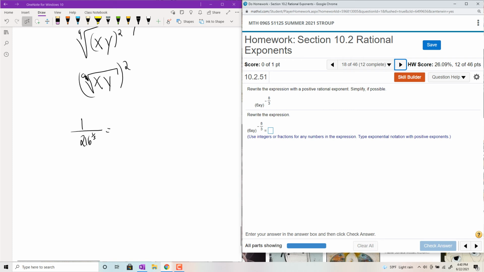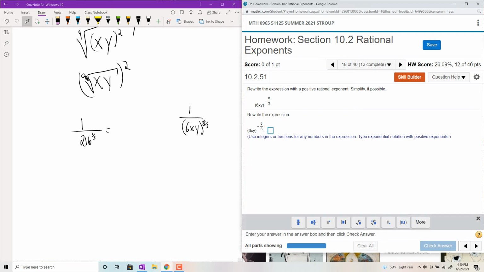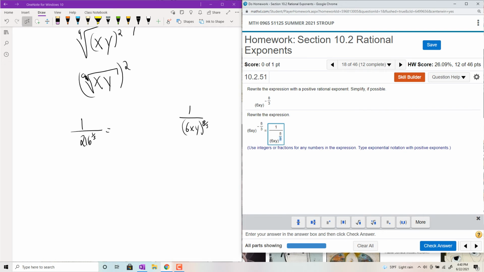Okay, let's try this one. Using positive rational exponents, so it should just be 1 all over 6xy to the positive 8/3. Parentheses, xy to the positive 8/3.